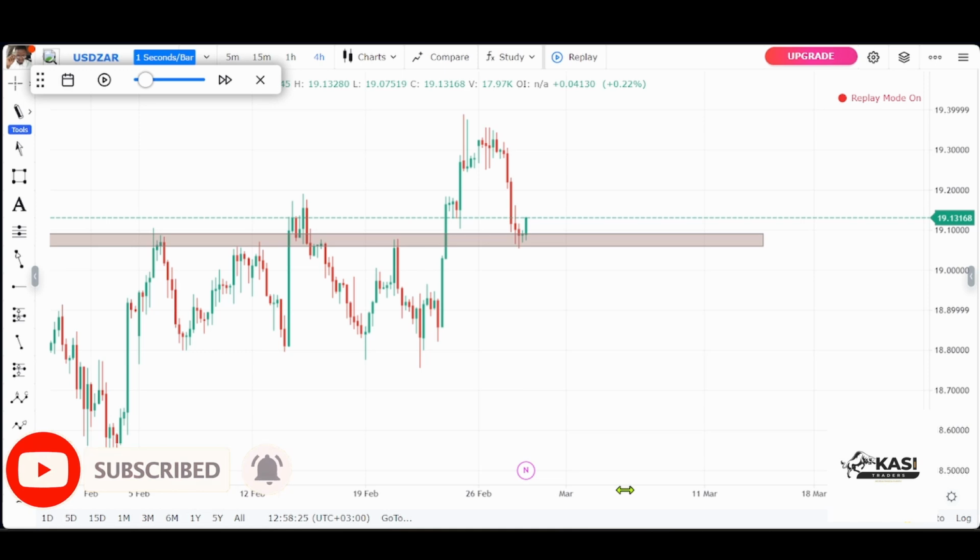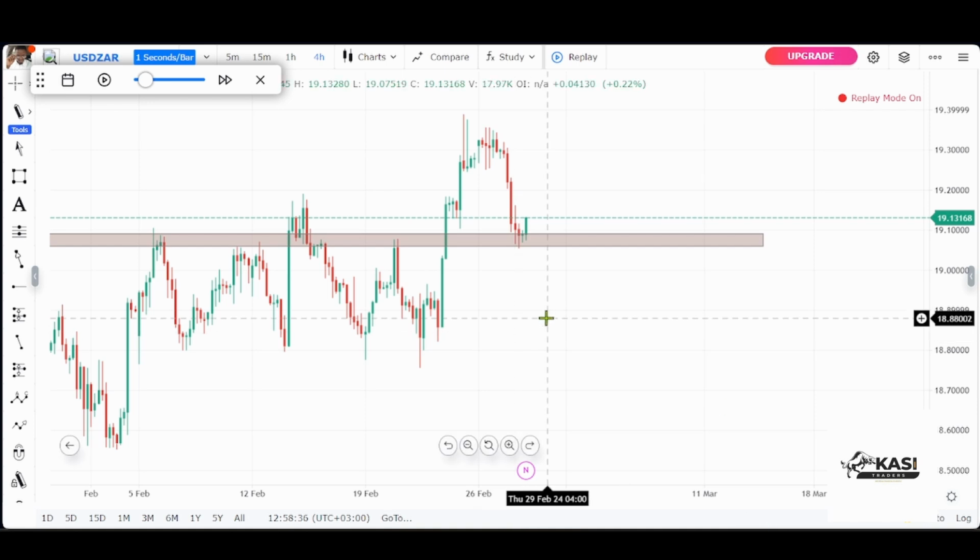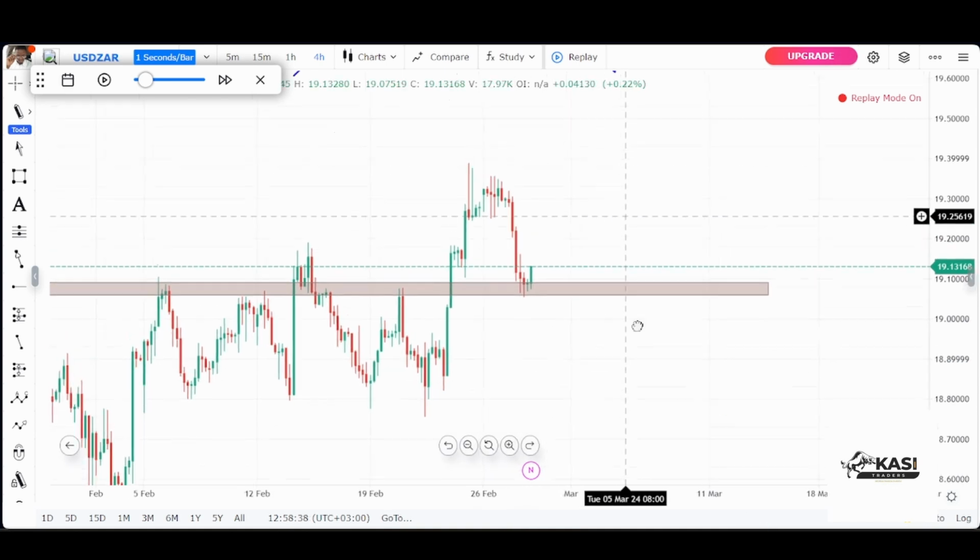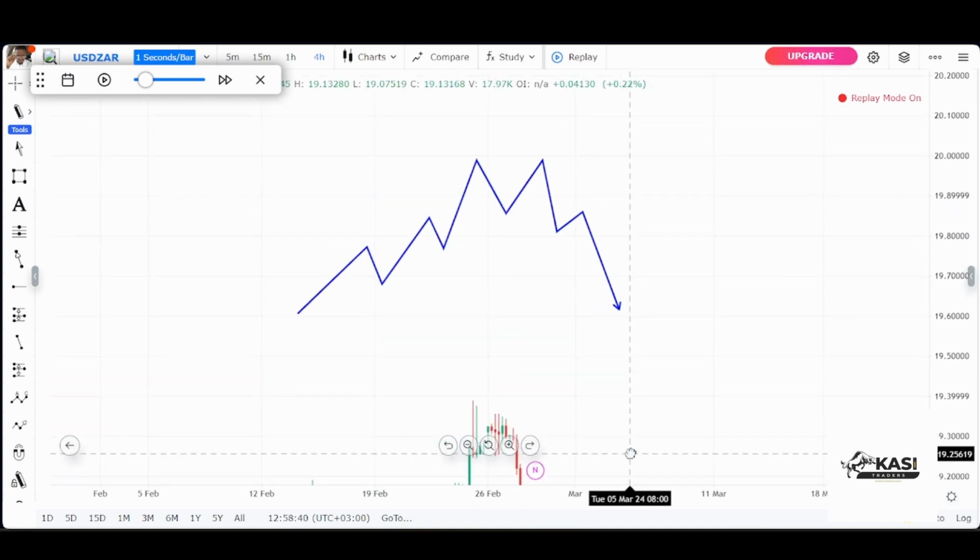Now, once the price breaks below the neckline, it indicates a potential shift from an uptrend to a downtrend. Basically, this is what I mean. We can see here the market is bullish.